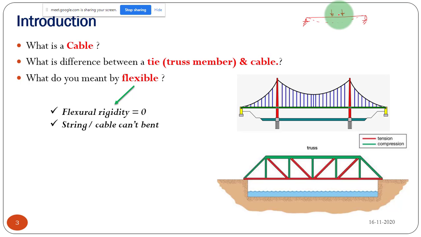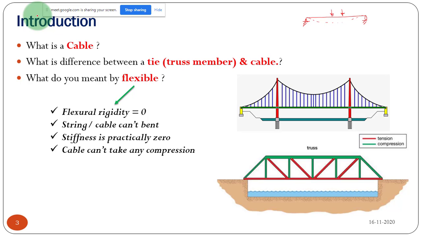So the stiffness of the cable is practically zero. There is no stiffness for the cable. Unless it is a very large diameter, only then does it have some stiffness; otherwise the stiffness is zero.